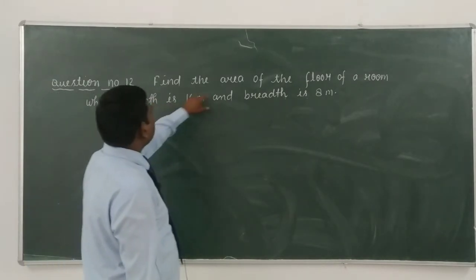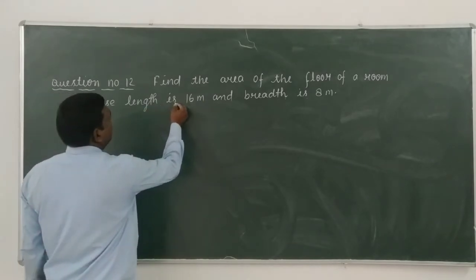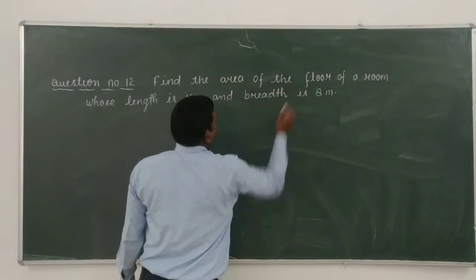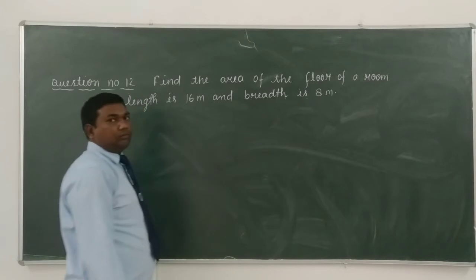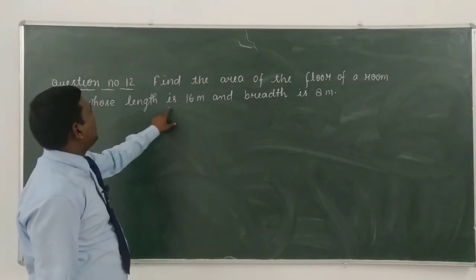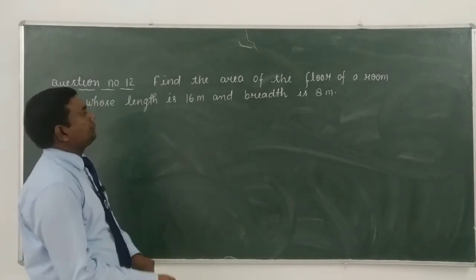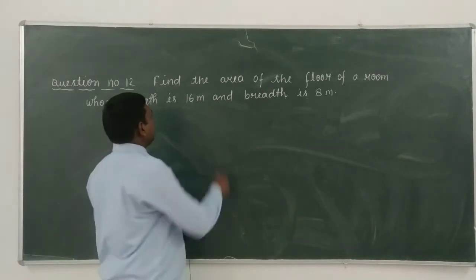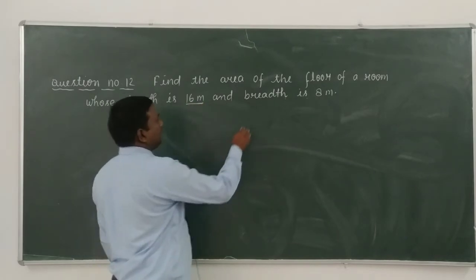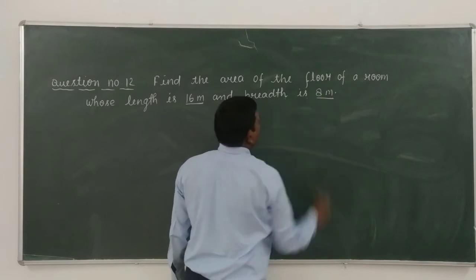In this question, here given that the length of the floor of a room is 16 meter and the breadth of the floor of a room is 8 meter.